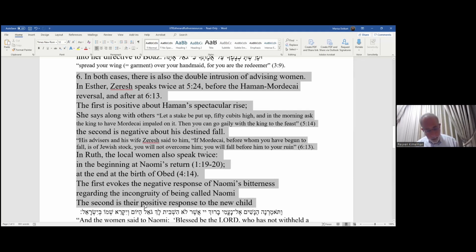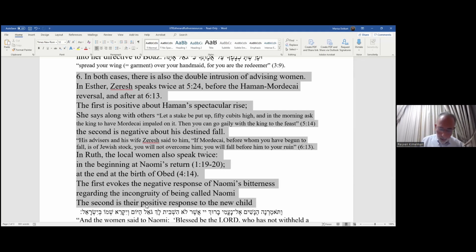In Esther, Zeresh speaks twice, at 5:14, before the Haman-Mordechai reversal, and after, at chapter 6, verse 13. In Esther, they shift from the positive to the negative. In Ruth, they shift from the negative to the positive.